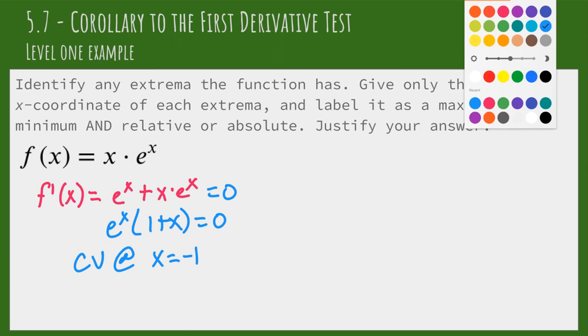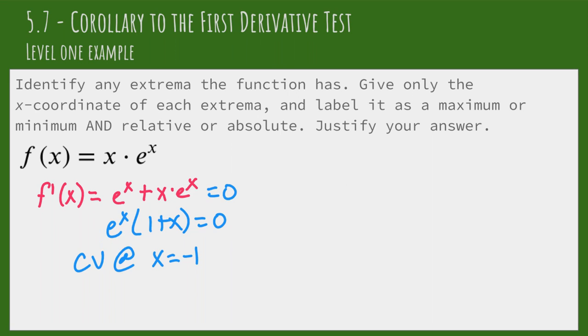So the next thing we're going to do with the first derivative test is organize our information about the derivative using a sign chart. So I'm going to make a sign chart for the first derivative. Remember to label that sign chart. And we're going to put critical values on there. So to the left of -1, if we plug in some big negative number into the derivative, I'm going to plug it into this version of the derivative right here.